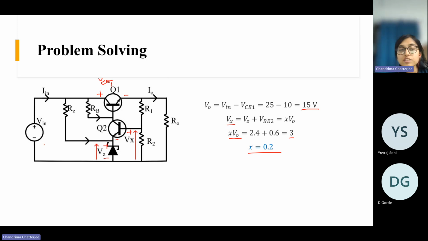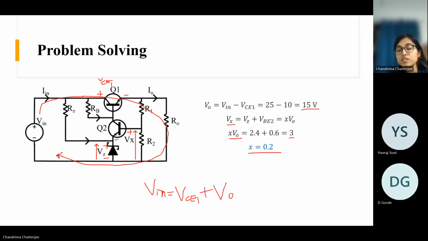And if you follow this bigger loop, starting from this to this, if you apply KVL, then V in equals VCE1 plus output voltage V naught.